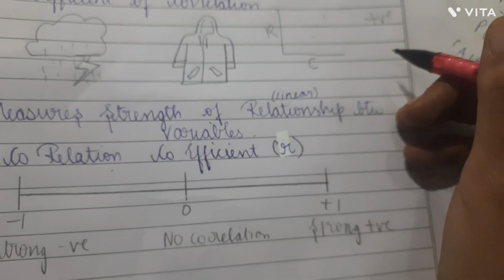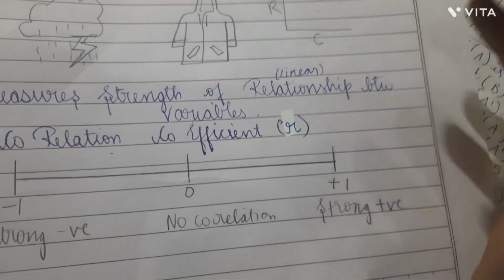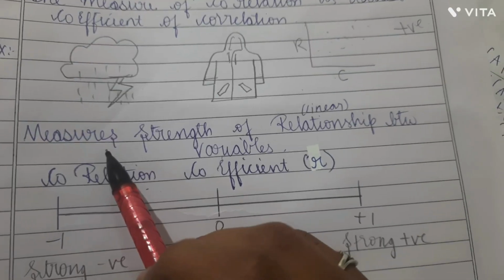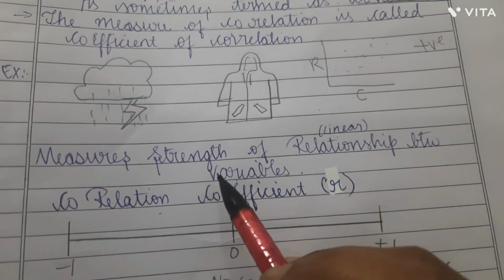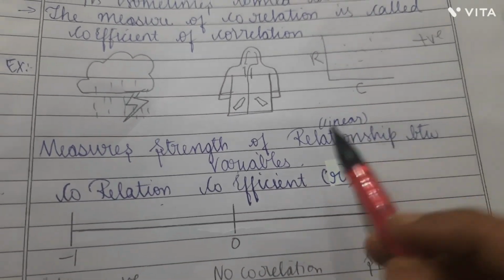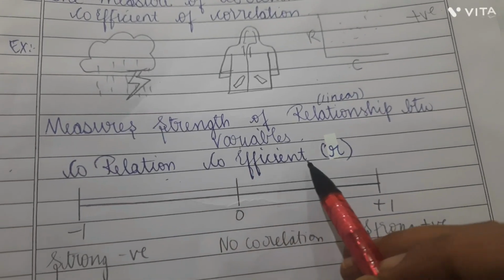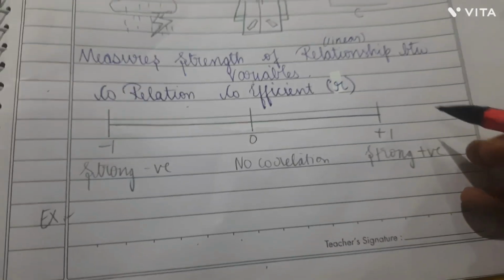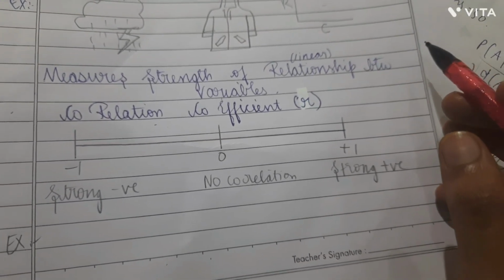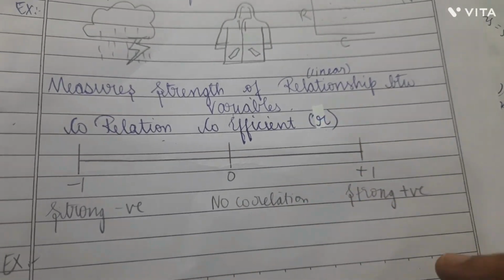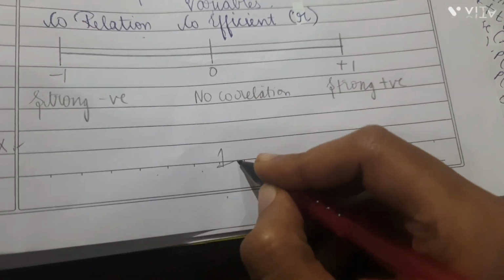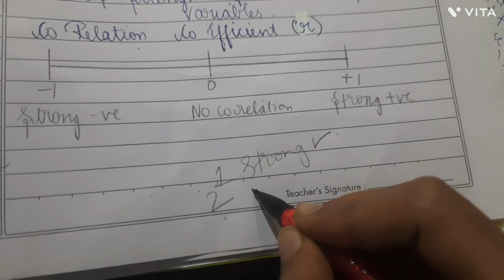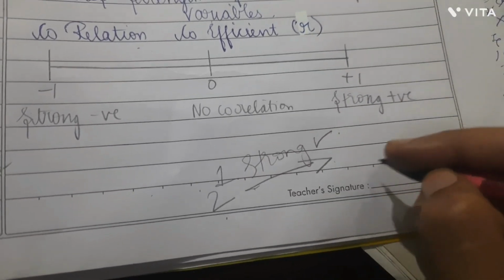And the way we measure correlation is to quantify it using the correlation coefficient. That is, the measure of the correlation is called the coefficient of correlation, and it is denoted by R. So in correlation analysis, we usually want to know two things. The first is how strong the correlation is, and the second is in which direction the correlation goes.